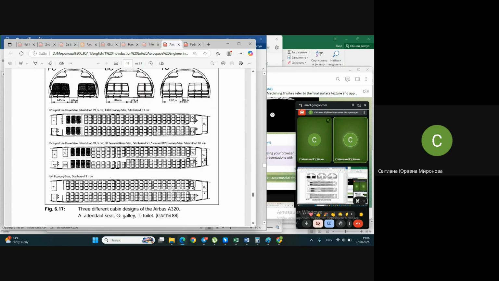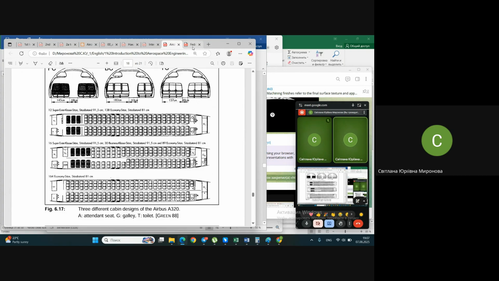And in the scheme, it's also very well visible where we have which class. That one, I hope you understood. So the passenger cabin may be designed approximately by calculating how many seats in a row and how many rows you need and what is the distance between these rows. What is the distance between rows?